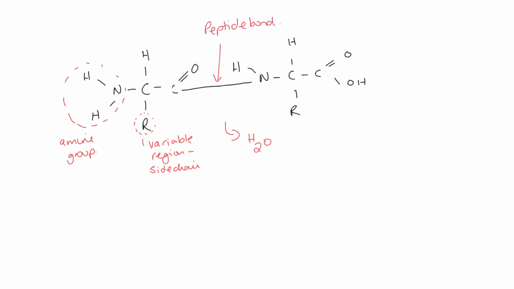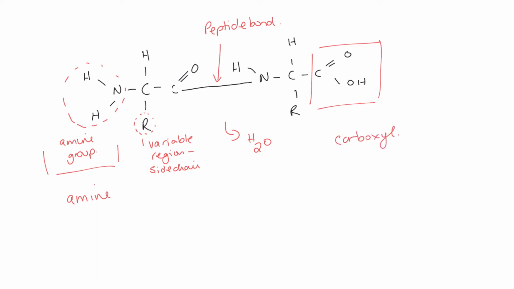So, what this shows us then is if you have any chain of amino acids, no matter how long, at one end you will have the amine group, and at the other end you will have the carboxyl group. So any chain of amino acids has an amine end and a carboxyl end.